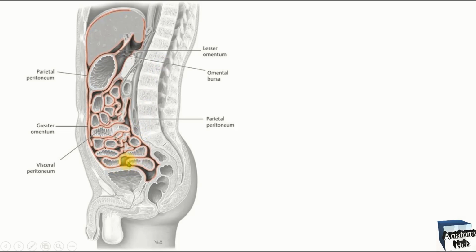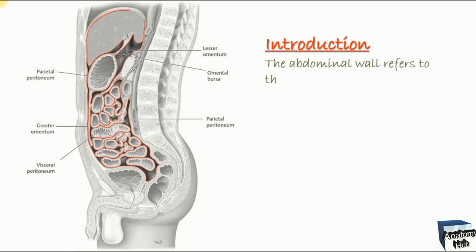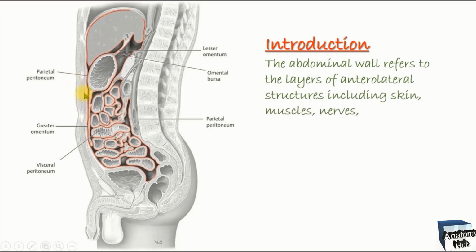So it moves and stabilizes the trunk and supports the abdominal viscera that you will find inside this abdominal cavity, and it creates the intra-abdominal pressure that is actually crucial in digestion and respiration.